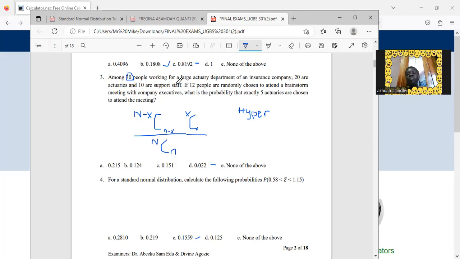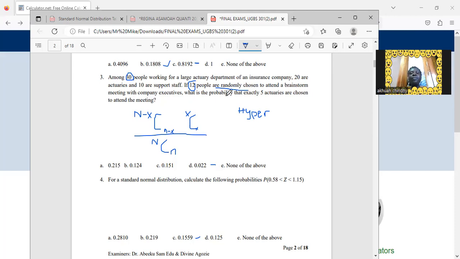If 12 people are randomly chosen to attend a brainstorm meeting with a company executive, so these 12 become the small n, because out of this 30 they are picking these 12, not from only the 20 actuaries or 10. Because it's talking about randomly chosen, this becomes the small n.